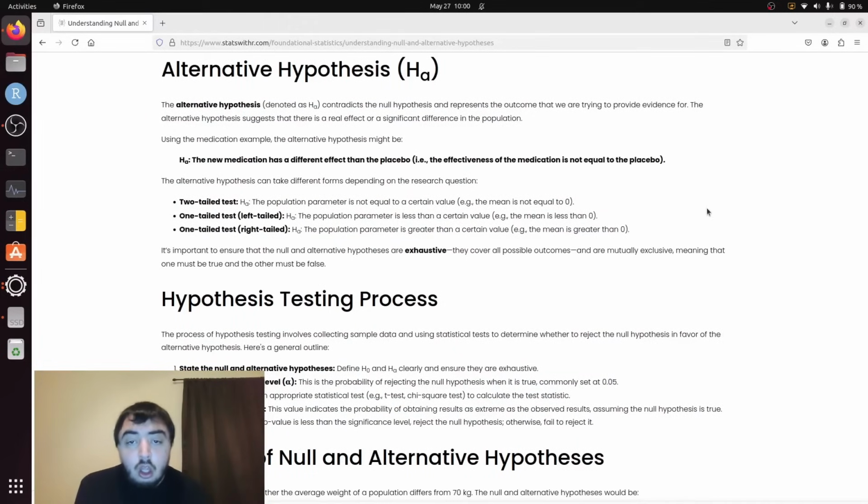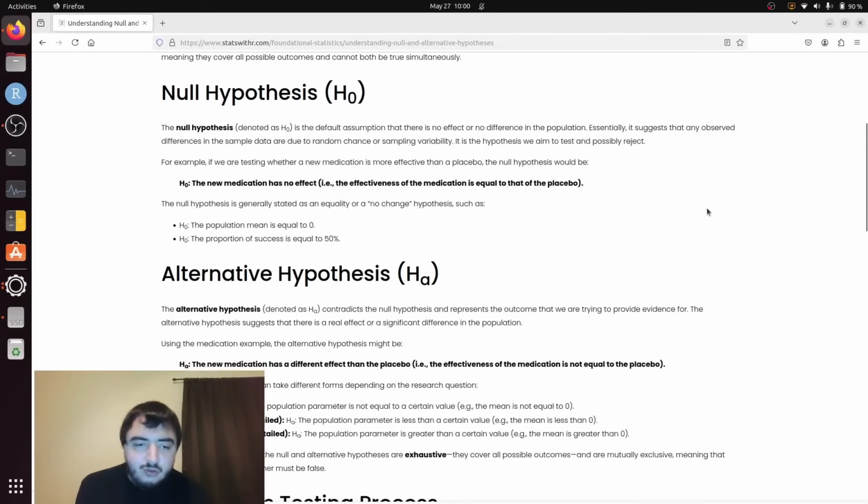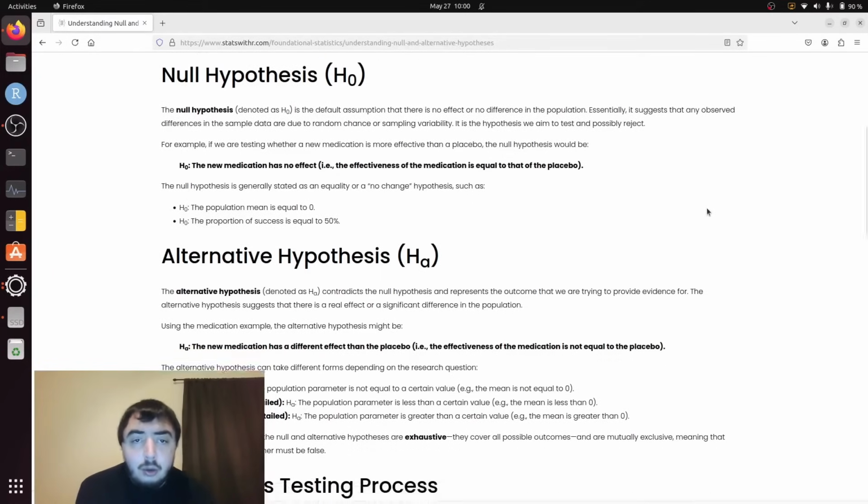Okay? So the hypotheses need to be mutually exclusive and exhaustive. What I mean by that, mutually exclusive is any one value cannot be both. It cannot be in the null hypothesis and the alternative hypothesis.